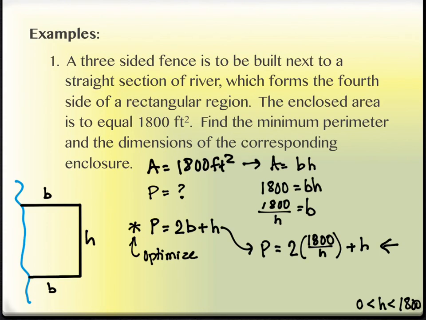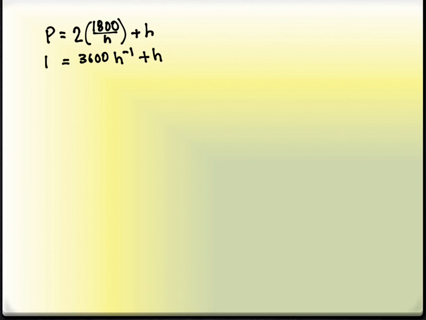Let me see if I have more space. I do. So my equation right here, I need to take a derivative of it. And if you would like, we're perfectly okay to multiply the 2 and the 1,800 before we start. So I will do that. This will be 3,600. And I'd kind of like to write this as h to the negative 1 because it's a little friendlier to take the derivative of.